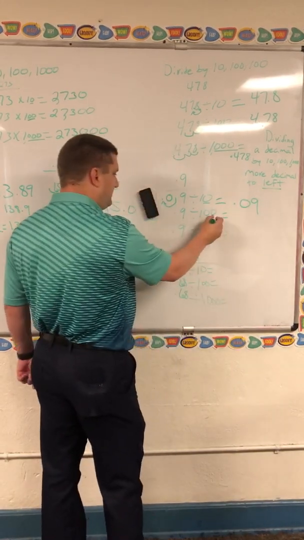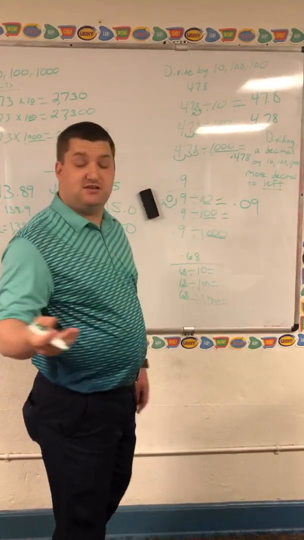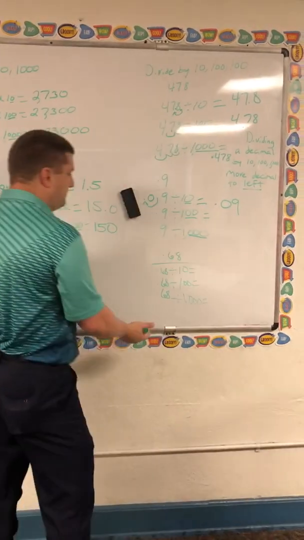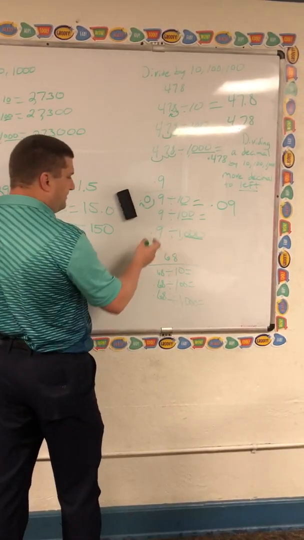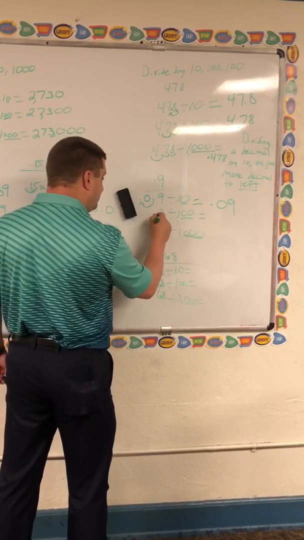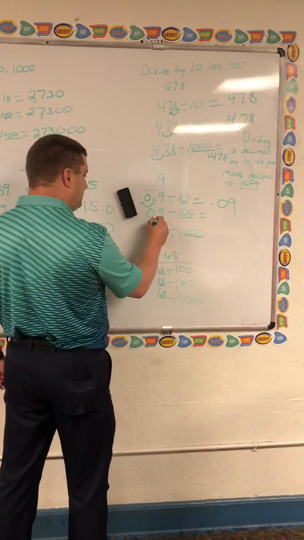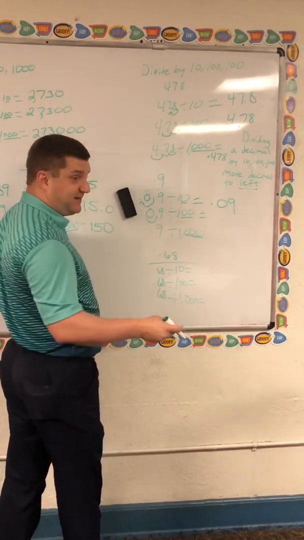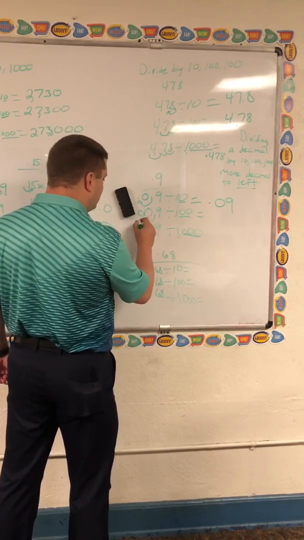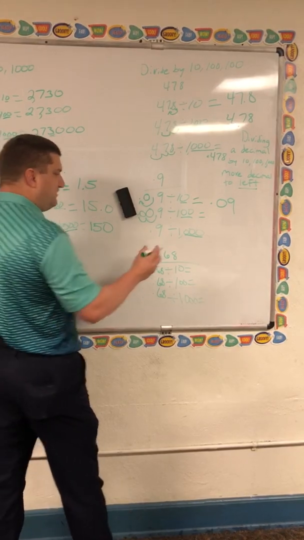Again, the number of zeros decides how many spots you move the decimal to the left. You have 2 zeros here. So 0.9 divided by 100. So go ahead and annex a 0. There's 1. So you still got to annex another 0 because the decimal has to be moved over twice.